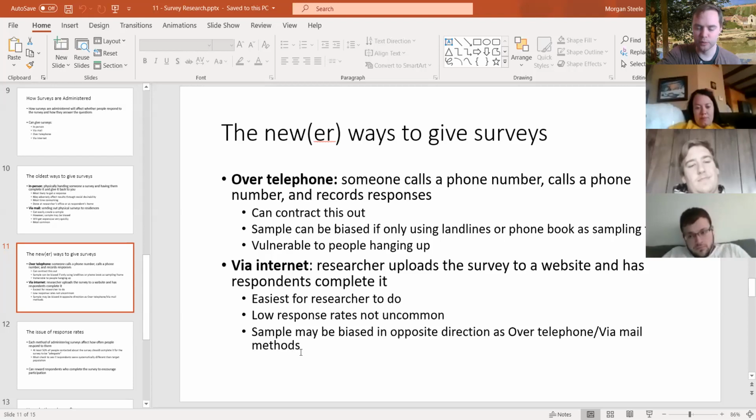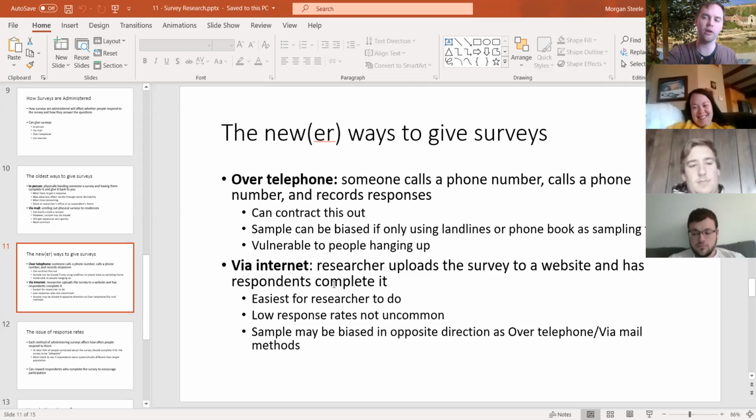Related to the fact that it is over the internet, the sample itself may be biased in the opposite direction compared to telephone and mail surveys, because your generation, my generation, we're very, very connected online. However, your parents, my parents, our grandparents are less online, okay?